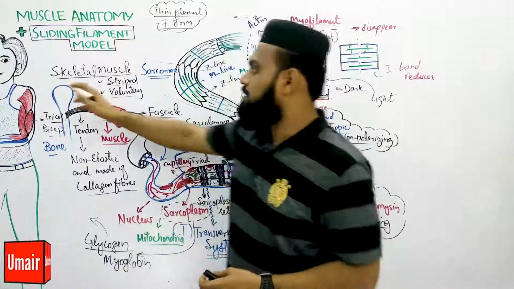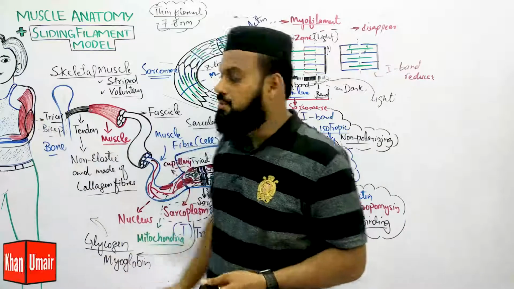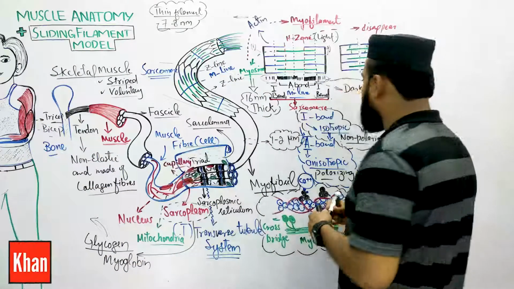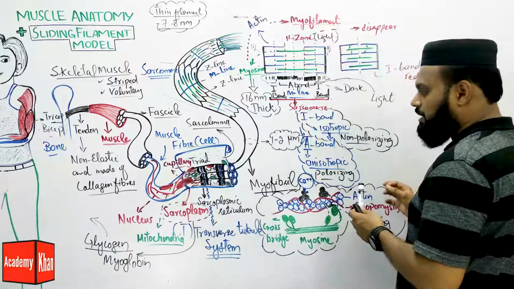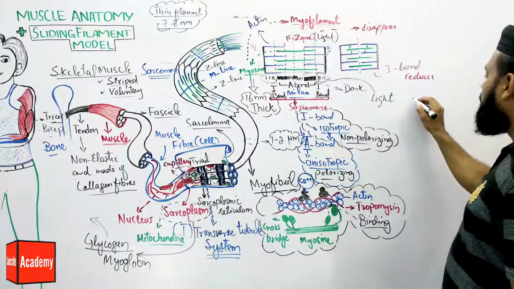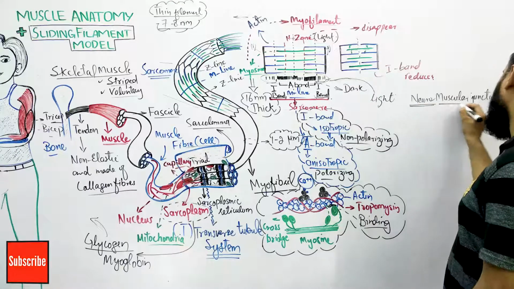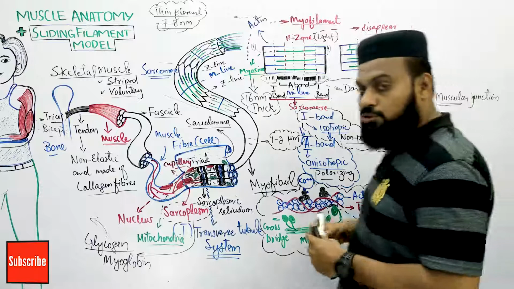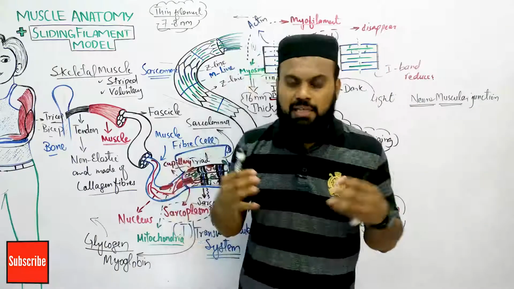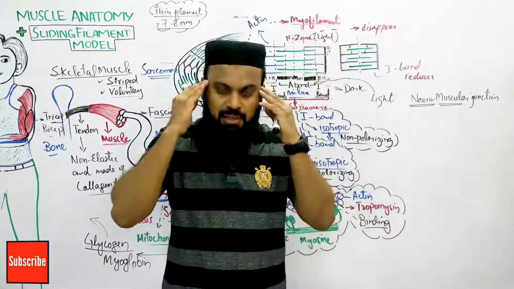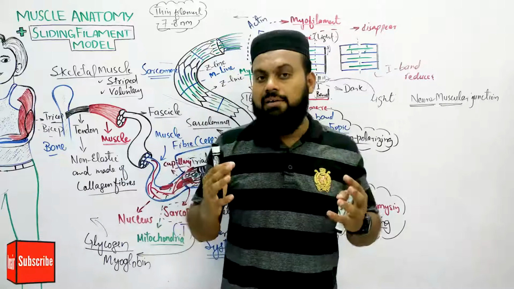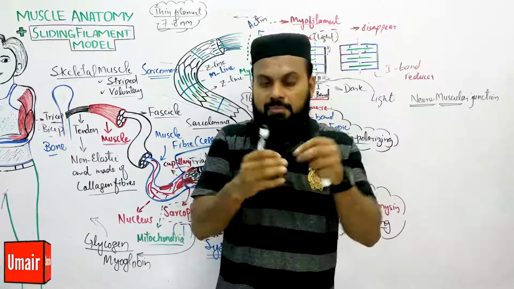This signal is carried by motor neurons, and these motor neurons come to a very specific point, called the neuromuscular junction. As you can see, there are two words, neuro and muscular. It means that two systems are in contact with each other, the brain or nervous system and the muscle simultaneously.